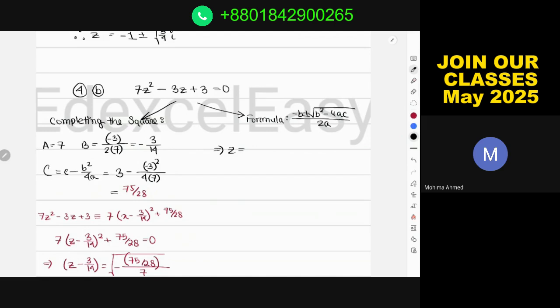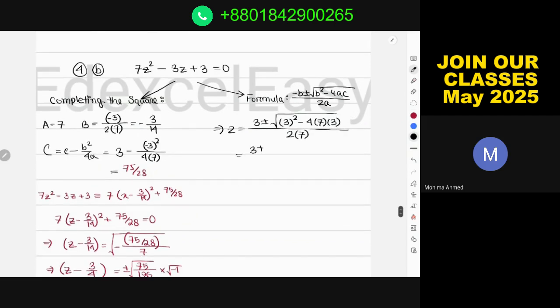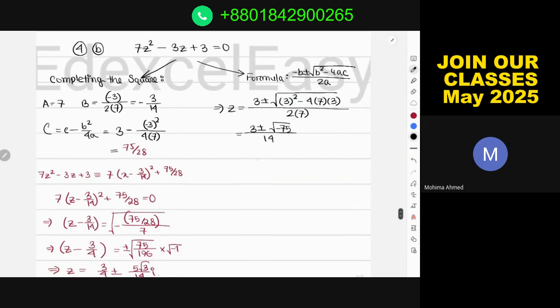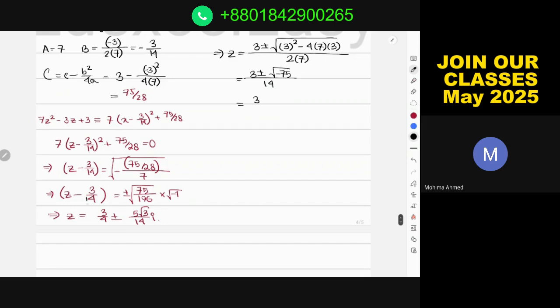B over here was already negative 3, so it will be 3 plus minus the root of 3 squared minus 4 times 7 times 3, divided by 2 times 7, which is going to be 3 plus minus 3 squared is 9, and 9 minus 4 times 3 times 7 is minus 75 again. So you have under the root minus 75, divided by 14, right? Oh, wait, this was actually 14 all the time, right?